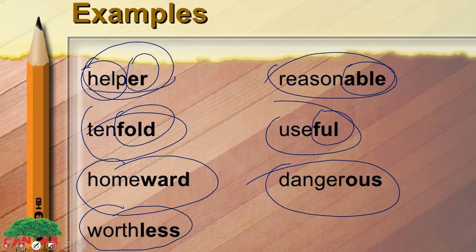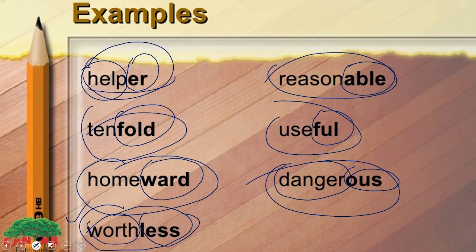Homeward, ward. Dangerous, if we remove this ous, it becomes only danger. Worthless, if we remove less here, it will become worth only.